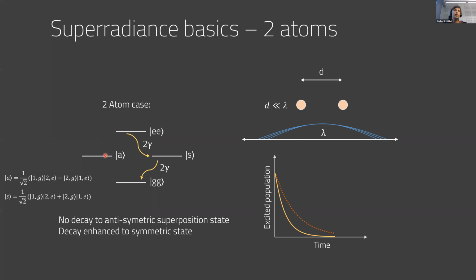One is an antisymmetric and one is a symmetric state. And what happens then is that it's not possible to make a transition from the fully symmetric excited state to the antisymmetric state. So instead you have an enhanced decay rate to the symmetrical superposition state and further down to the ground state. And this is the source of the superradiance.